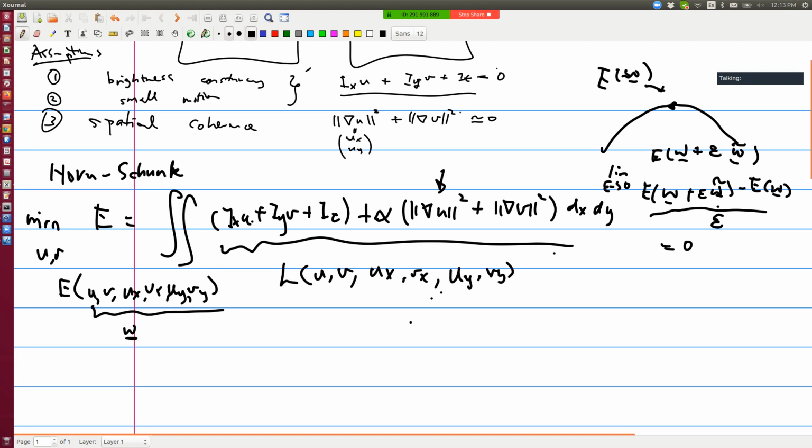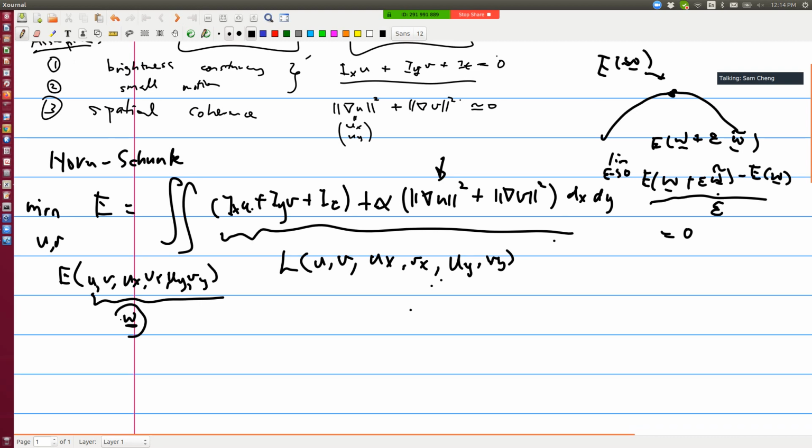This is general. It's almost like calculus, like you took a derivative here. The only difference now is that my variable here, this w, is actually a function itself. So it's essentially an infinite dimensional object. But it doesn't really matter. So you can use the Lagrange equation and we're good. Yes.